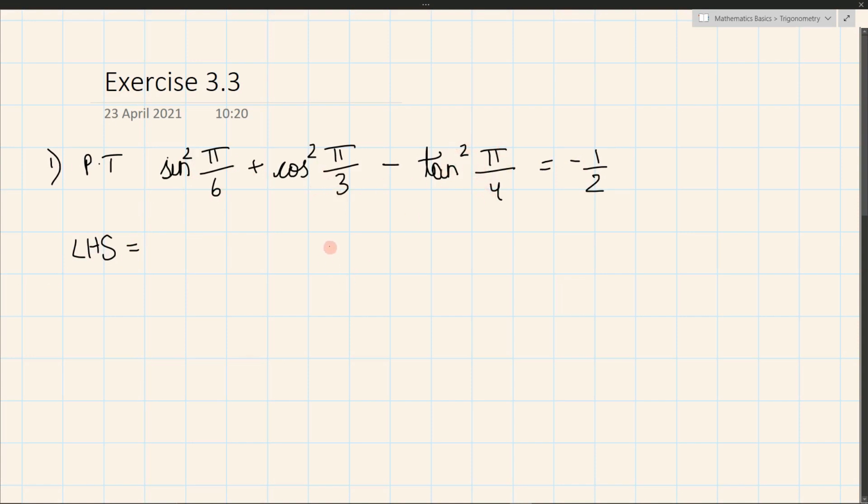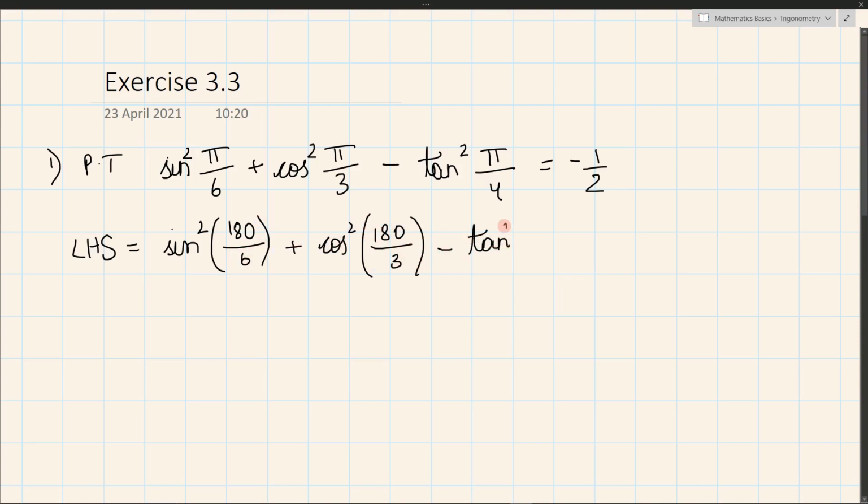If you are confused with the radians, you can convert that to degrees. The simple way to do that is, instead of π, write down 180 degrees. So sin² of 180 divided by 6 plus cos² of 180 divided by 3 minus tan² of 180 divided by 4.